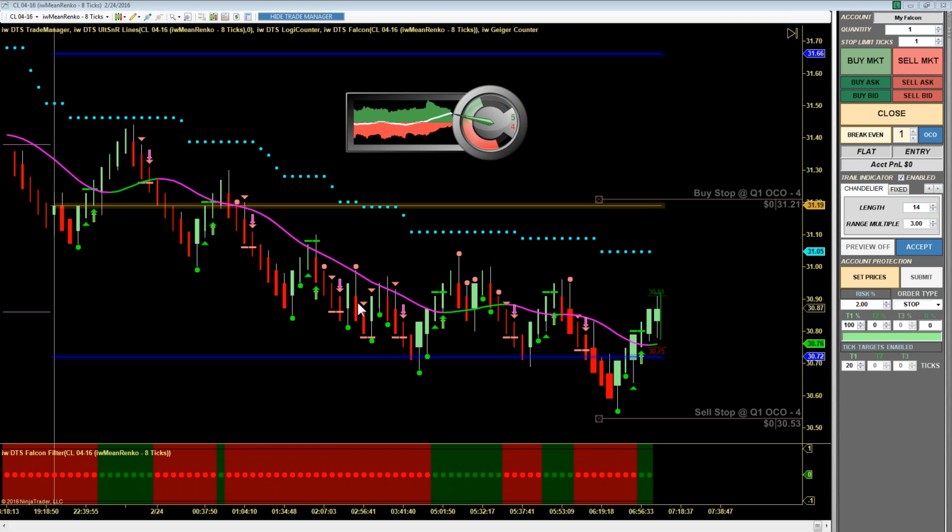Falcon is concerned. What's interesting is that a lot of times going into an inventory report, I go to the Falcon just because the risk parameters and whatnot are a little bit more manageable. But it will actually produce a signal before the report is released, and it will, like 9 times out of 10, be an accurate prediction of which way the market will go.